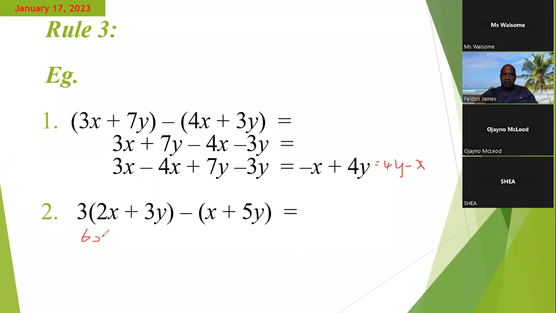Plus 3 times 3y gives you 9y. Now the minus sign, so we have the minus and an imaginary one, so that is minus x. Minus 5y.